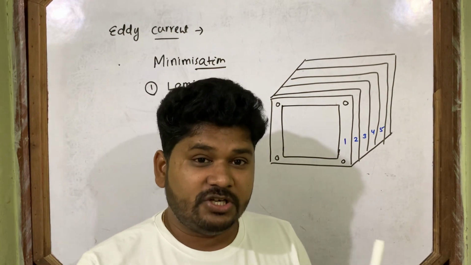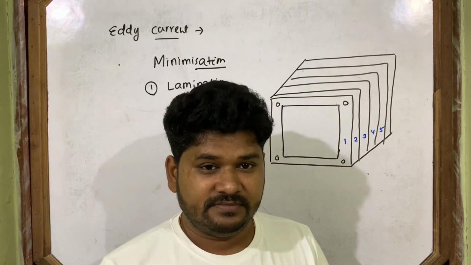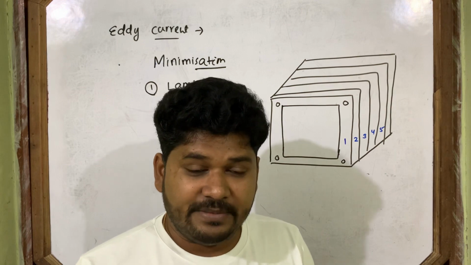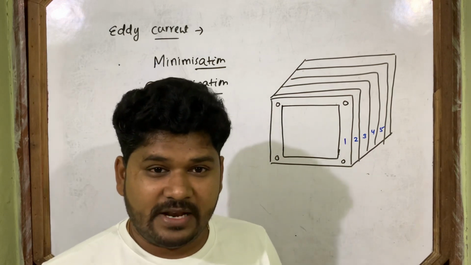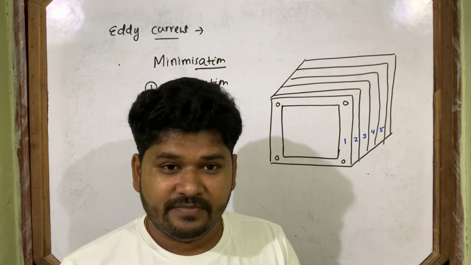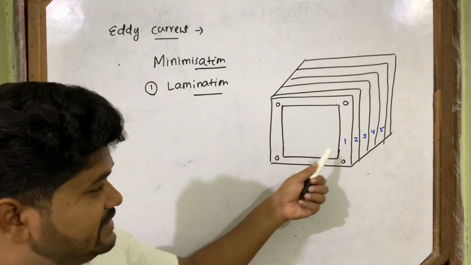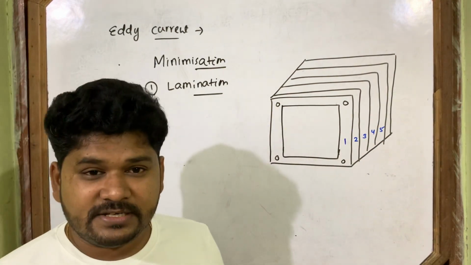One sheet will not touch the other sheet. Sometimes you also laminate your certificates, one certificate, one lamination, another certificate, another lamination, so that they do not touch each other. By this lamination we reduce the eddy current.